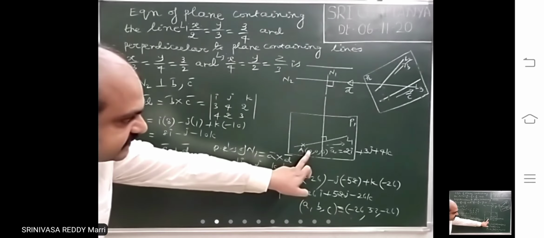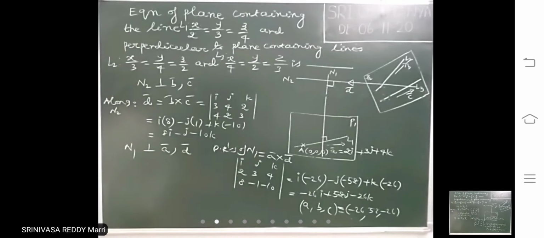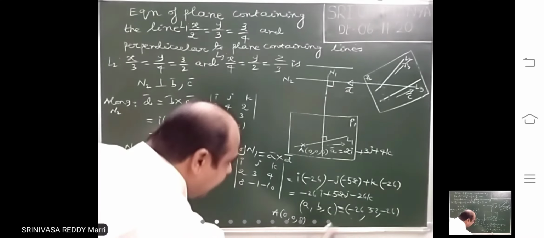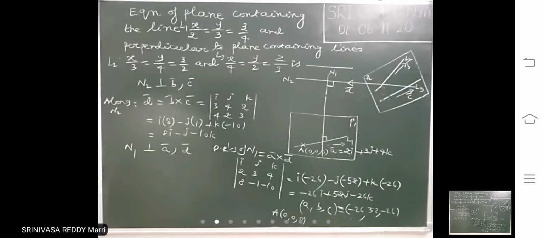So therefore it is passing through origin. Now the plane is passing through origin and having normal DRs this.